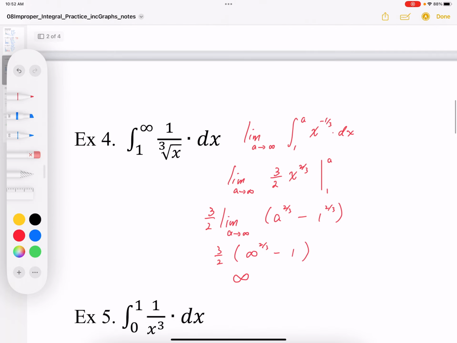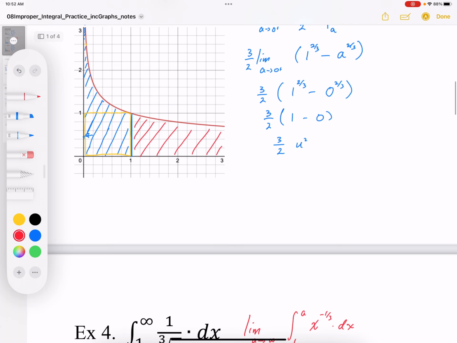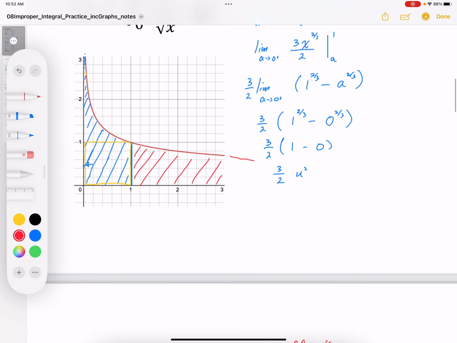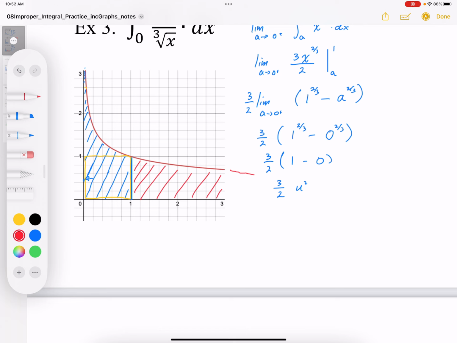Okay, both are unbounded in similar ways, but the red area is infinite. And we can kind of understand why, because this is approaching the asymptote of 0 very slowly, where if we take a look at the blue area, it's approaching the asymptote very quickly like that, and it's pinching off that area very quickly.